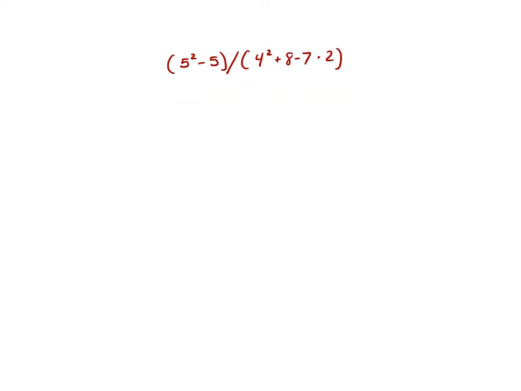Two examples left. Note here we're using the slash for a division instead of a division sign. You could also see this written as follows. This would be the exact same problem.